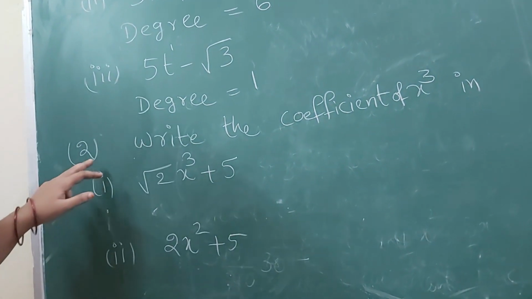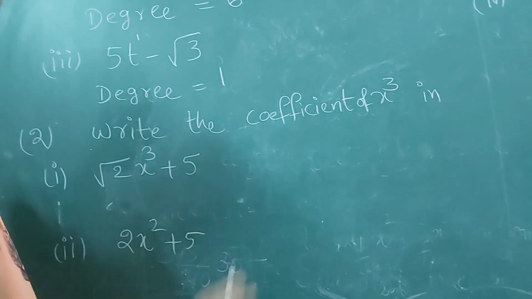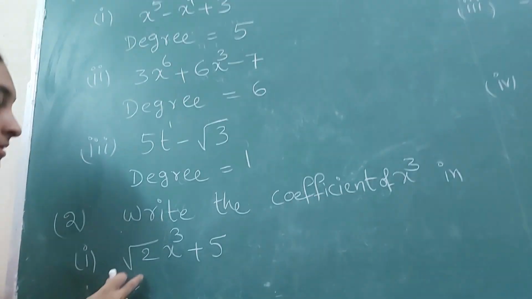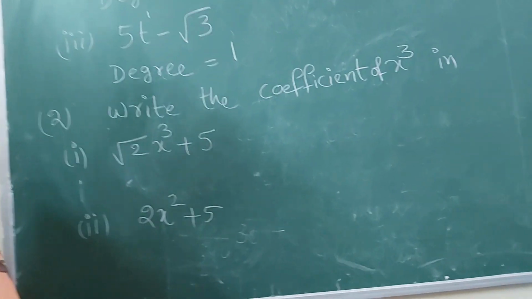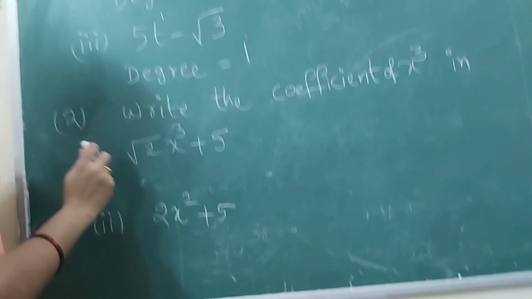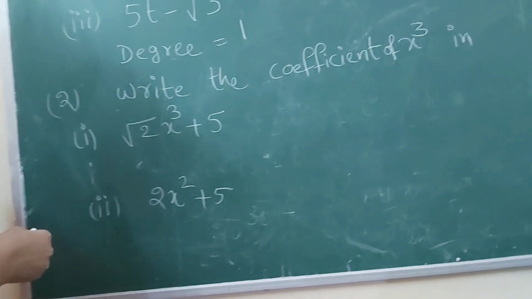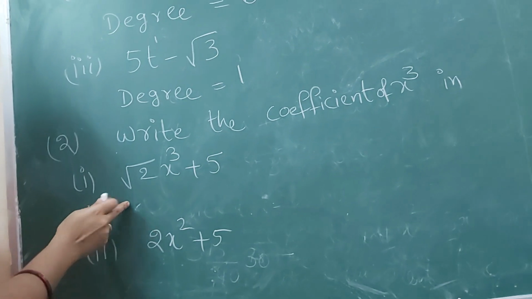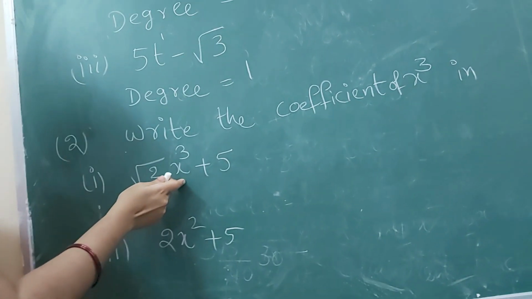Next, we take another model. Write the coefficient of x cube in root 2 x cube plus 5. Coefficient means, what is coefficient? Coefficient is a number which is multiplied with the variable in a polynomial.